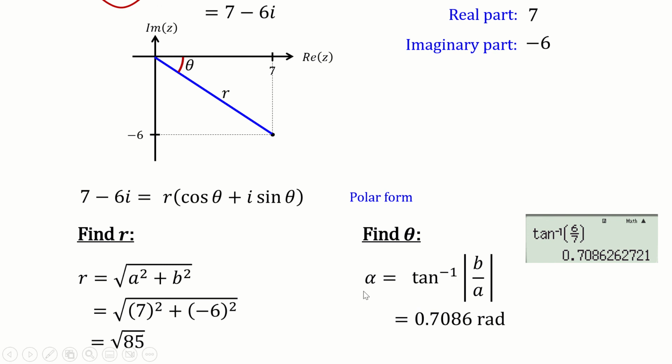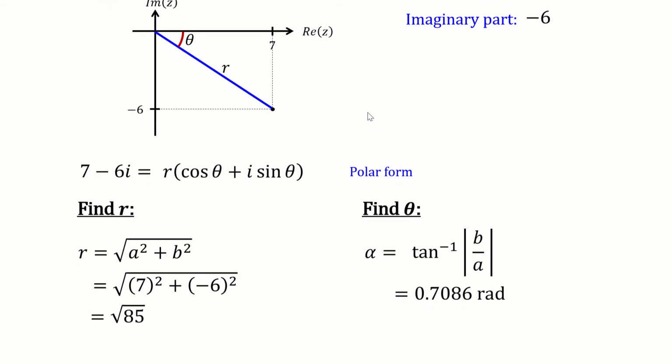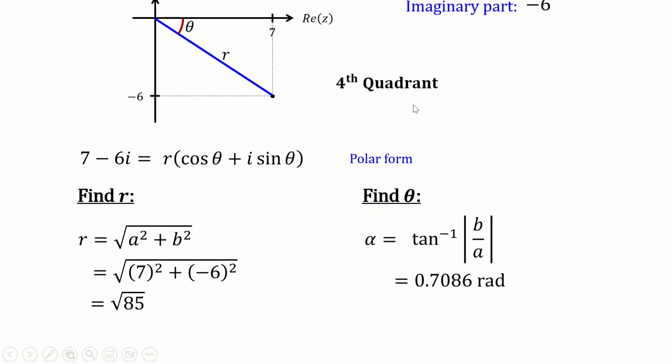Alright, so this is alpha, but we want to find theta. From the Argand diagram, the point is in the fourth quadrant. So in the fourth quadrant, theta is equal to negative alpha. So we just substitute the alpha that we got, which is 0.7086. So theta is negative 0.7086 radians.